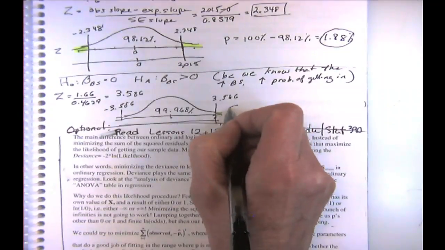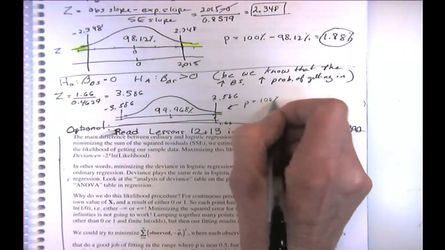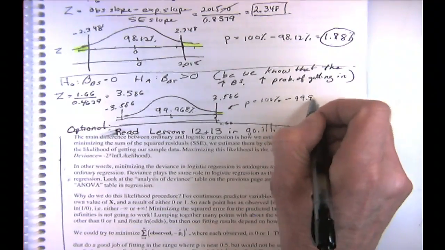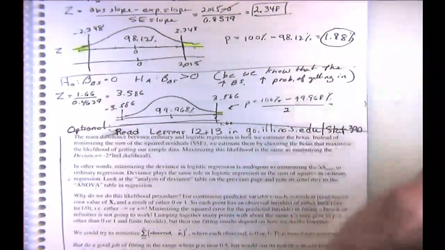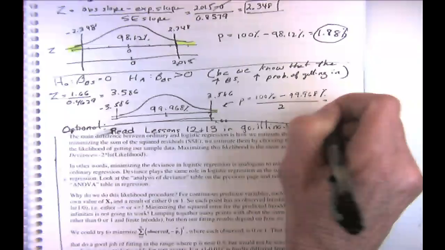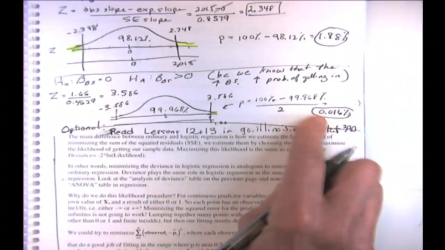And that little p-value is what? That's 100% minus 99.968% divided by 2. Okay? So that little area is 0.016%, and that's our p-value.